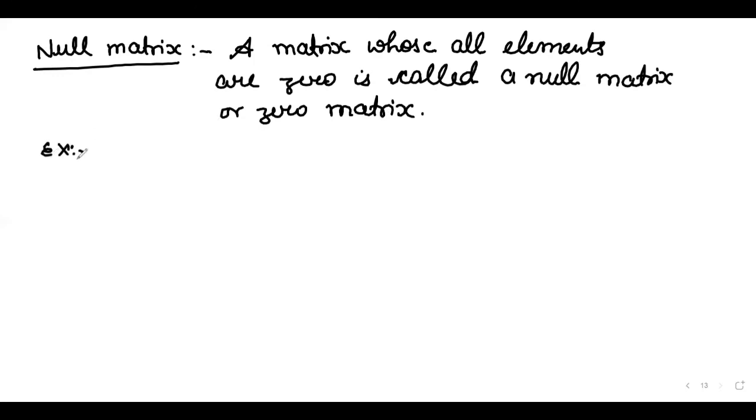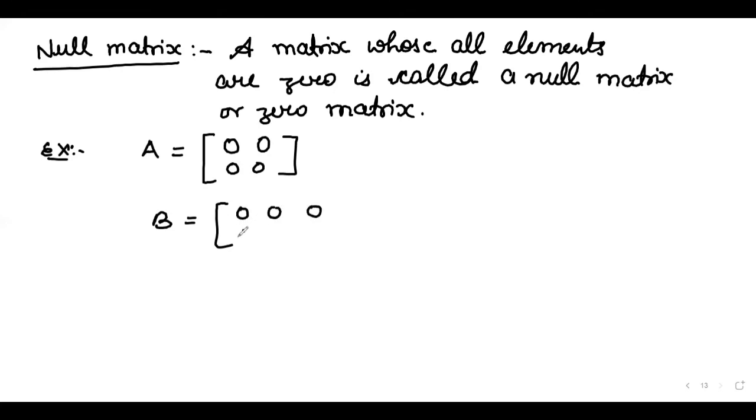So for example, matrix A, I am taking 0 0 0 0. This is a null matrix. Another example I am taking here: 0 0 0 0 0 0. The first one is of order 2 by 2. The second one is of order 2 by 3, 2 rows and 3 columns. These two are null matrices.